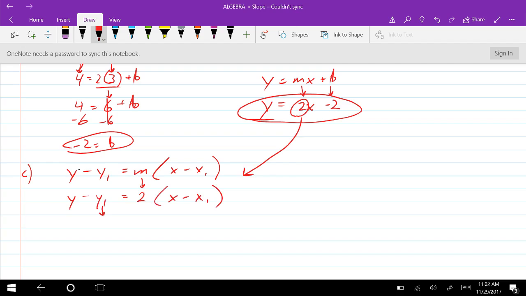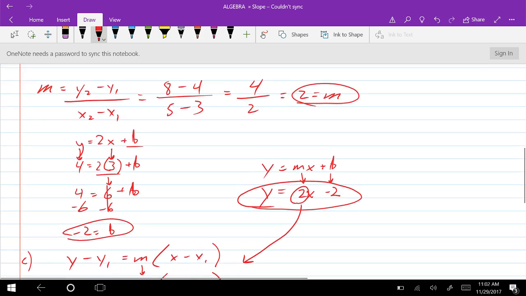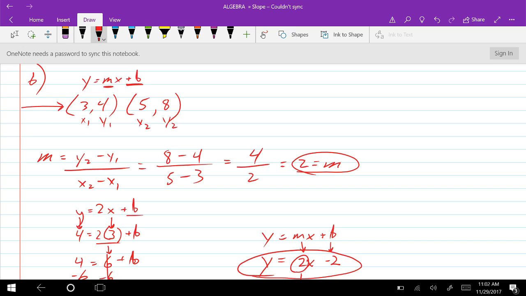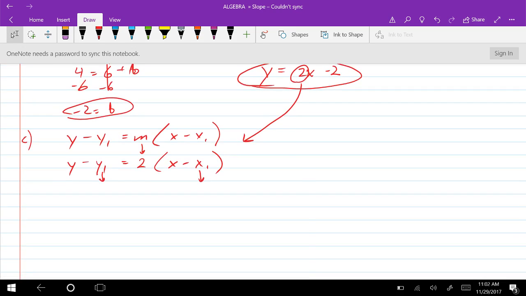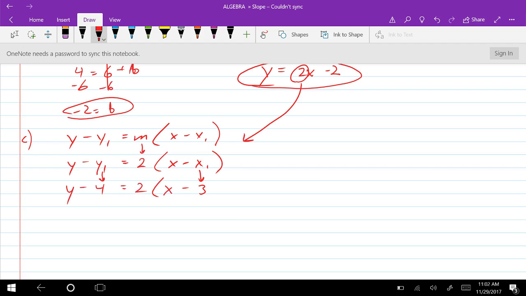Now, y1 and x1 are just the x and y coordinates of a point that this line passes through. Well, I know it passes through (3, 4), so I'm going to use 3 and 4 as my x and y. 3 was my x, 4 was my y, and I bring it all down. y minus 4 equals 2, my slope, times x minus 3. And that is my answer.